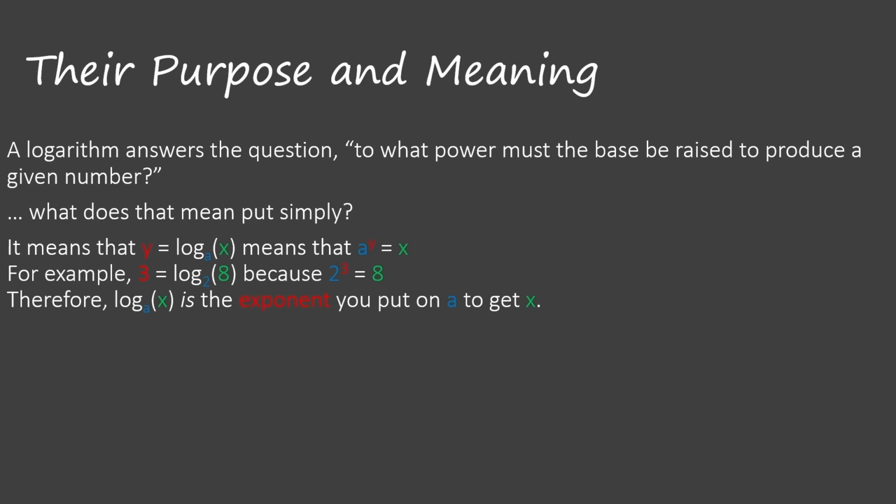Let's see that with an example here. 3 equals log base 2 of 8, and that's because 2 to the power of 3 equals 8. It's just another way to write that exponential equation. So 2 raised to the power of 3 equals 8 can just be rewritten as 3 equals log base 2 of 8. Therefore, log base a of x is the exponent you put on a to get x.